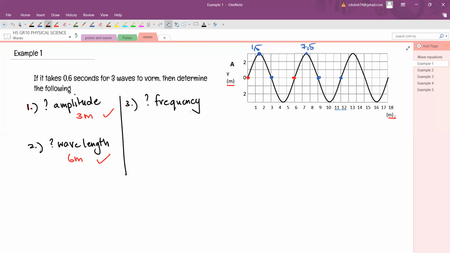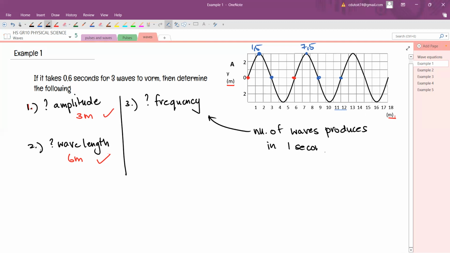What is frequency? What does frequency mean? Let's just ask ourselves, what does it mean? It's the number of waves in 1 second. Frequency means it's the number of waves produced or that passes a point in 1 second. So you can use an equation if you want to, you can use some logic.